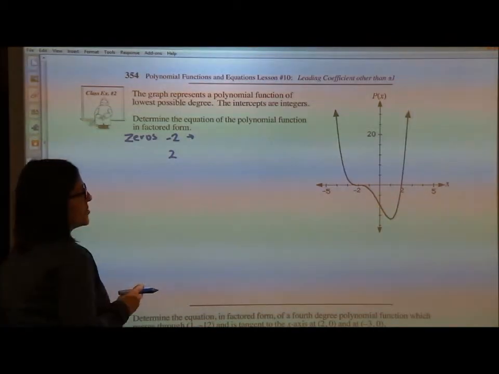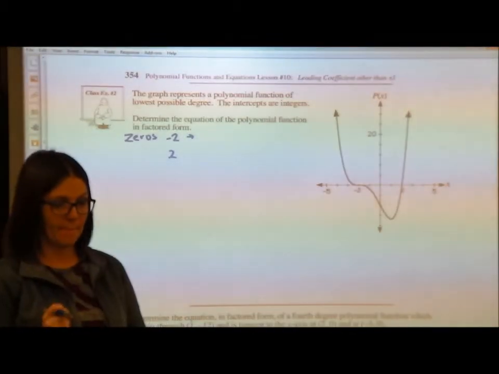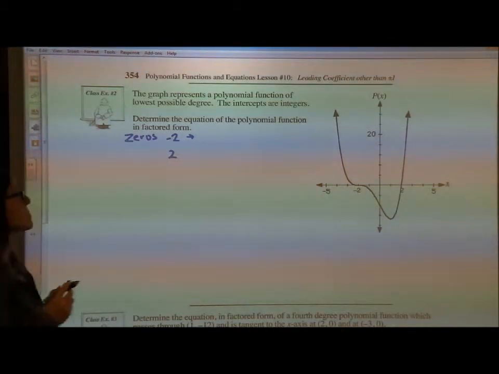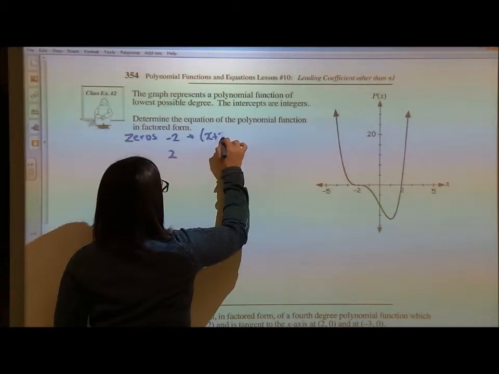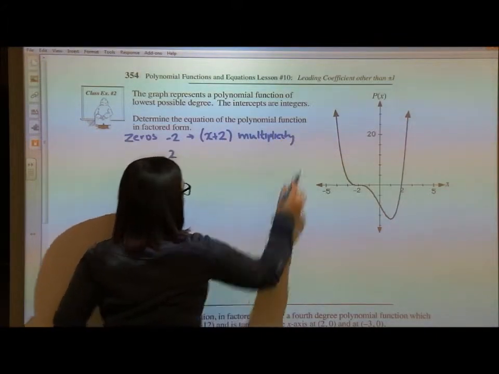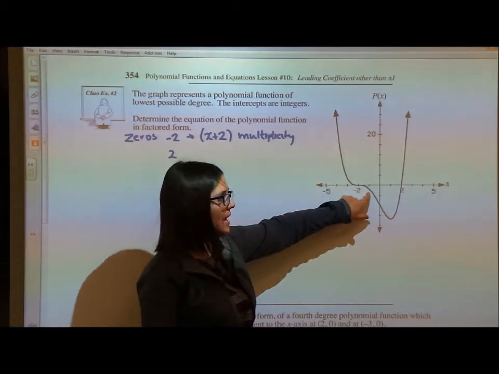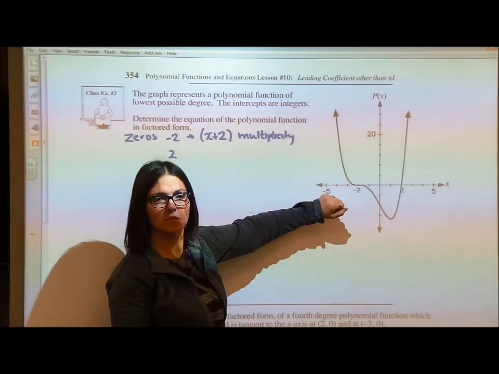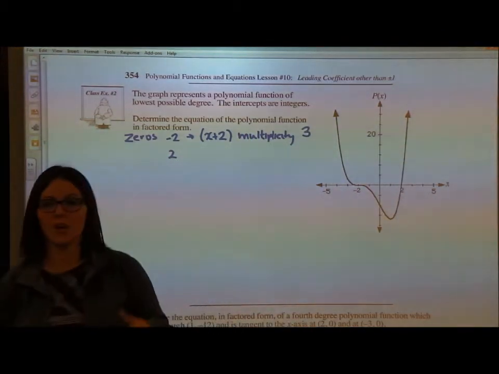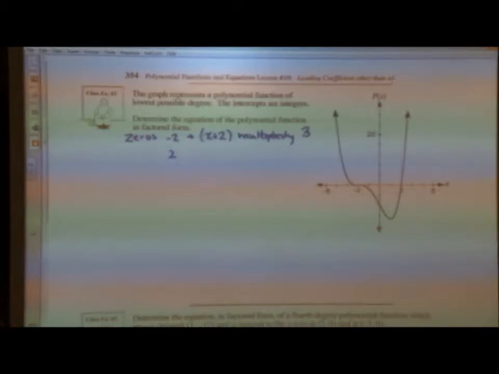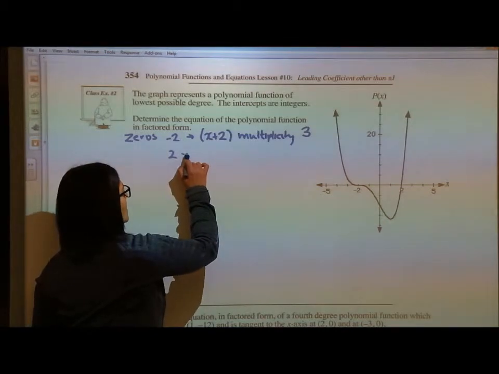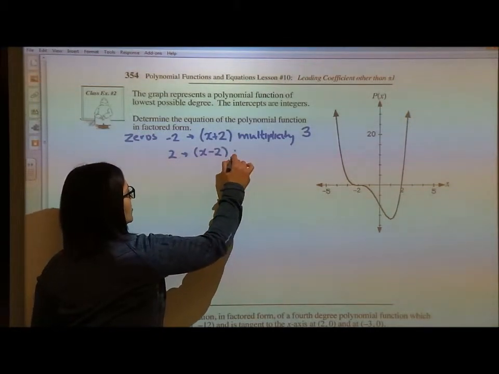So at negative 2, what would my factor be? x plus 2. And if I look at the graph, what is the multiplicity at negative 2? 3, and it has to be the smallest one, so it's multiplicity 3. I don't have to write 3 or 5 or 7, because the question tells me that it's the lowest possible degree. My zero of 2 now gives me a factor of x minus 2.